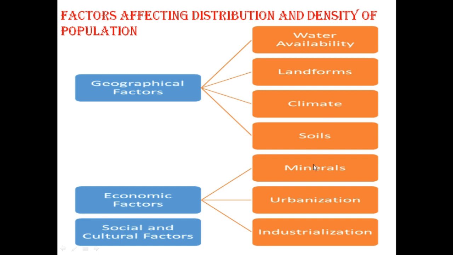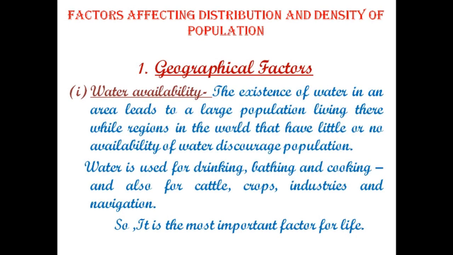First one is minerals, second urbanization, third industrialization. And third part is social and cultural factors. Let's discuss all these factors in detail.